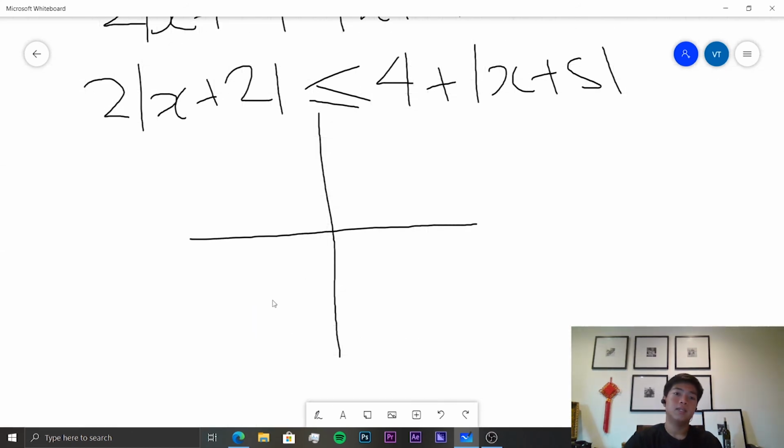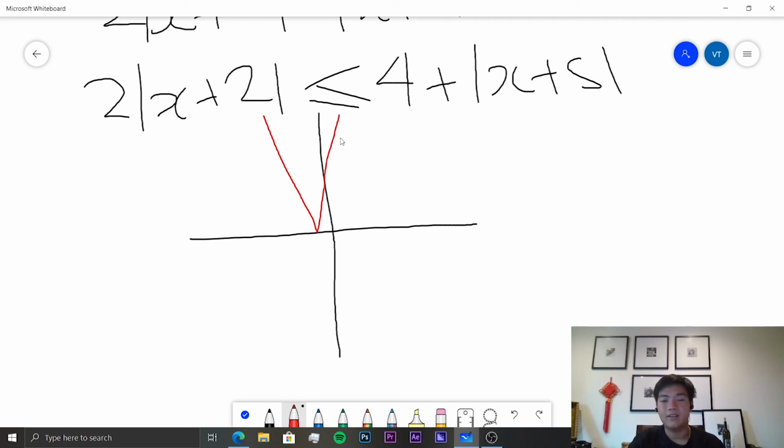So 2 times the absolute value of x plus 2 would look like this. And 4 plus the absolute value of x plus 5 would look like this. Something along those lines.